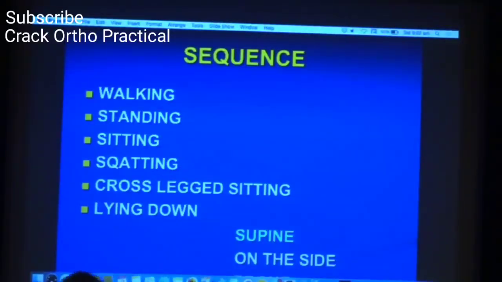If you look at this sequence, one thing is leading to another and there is minimal discomfort. The majority of the hip joint examination is performed in the lying down position, and that too in the supine position. So if you incorporate this sequence in your day-to-day examination of the hip joint, it will also ensure that there is minimal repetition.